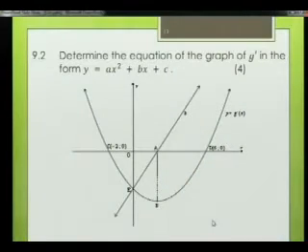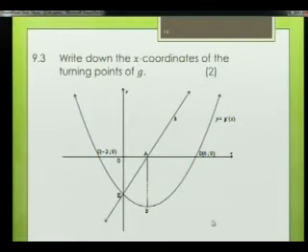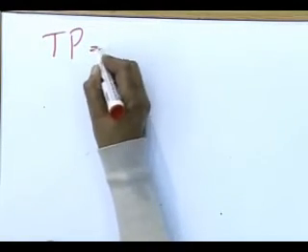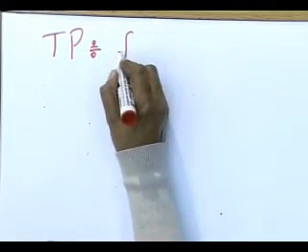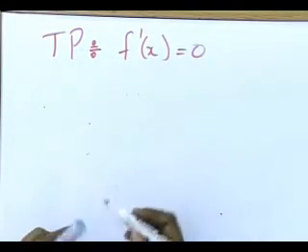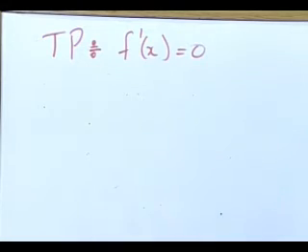So this time around they're asking me to write down the x coordinates of the turning points. Keeping in mind that at the turning points, the derivative is equal to naught. So let's look at my sketch.